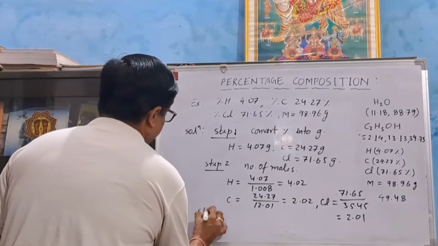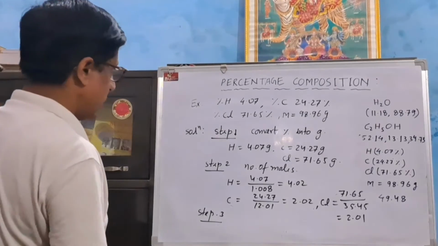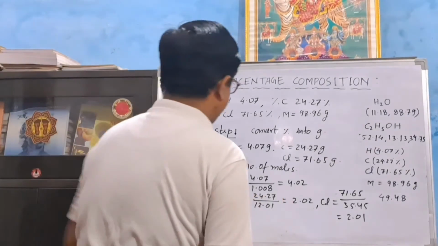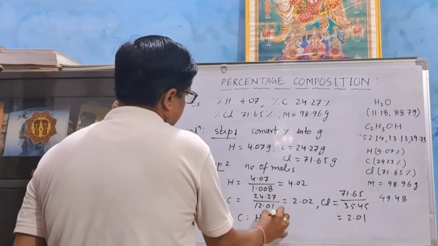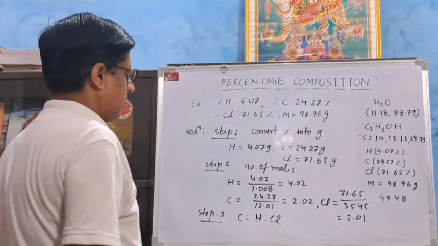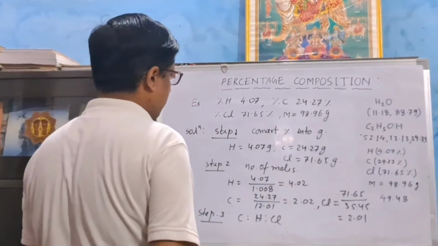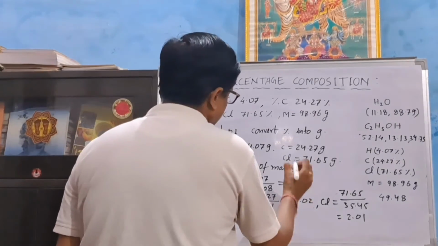In step 3, we divide the number of moles by the smallest number. Therefore, carbon to hydrogen to chlorine. In case of carbon, 2.02 divided by 2.02, we obtain 1.